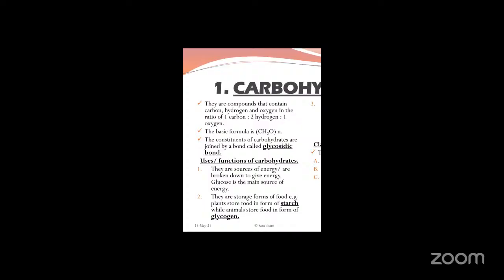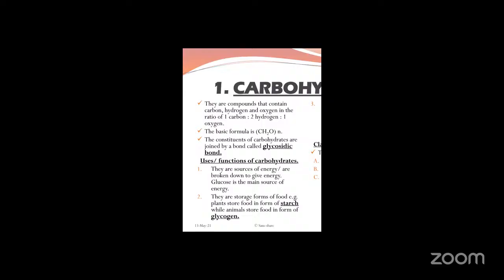Then the second function of carbohydrates is that they are storage forms of food. If you remember very well, when we were discussing photosynthesis, we said that after photosynthesis has taken place, the simple sugar produced, glucose, has to be stored in plants.